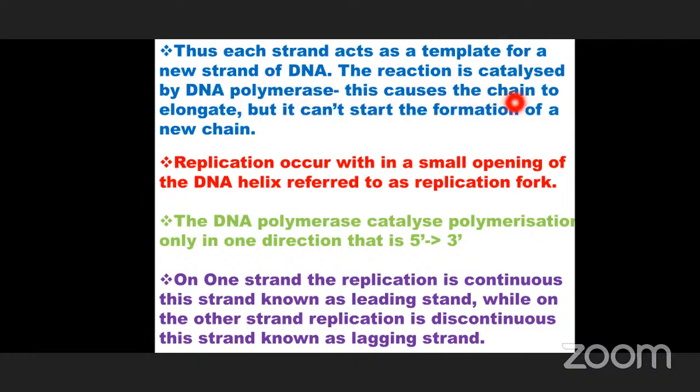This causes the chain to elongate, but it cannot start the formation of a new strand. DNA or RNA primer is essential for the initiation of DNA replication.